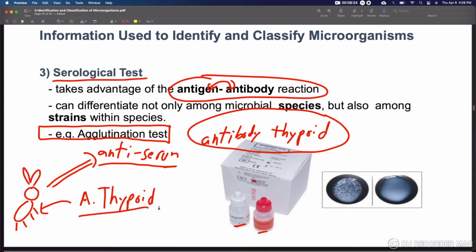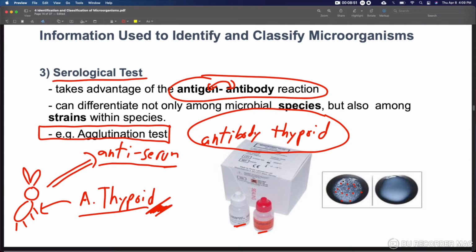For example, the antigen of your typhoid will respond to that antibody, that concentrated anti-sera, okay? So what's going to happen is that it will form white clumps, or clumping reactions, right here because the antibody will surround that antigen, that bacteria. It will surround that antigen.